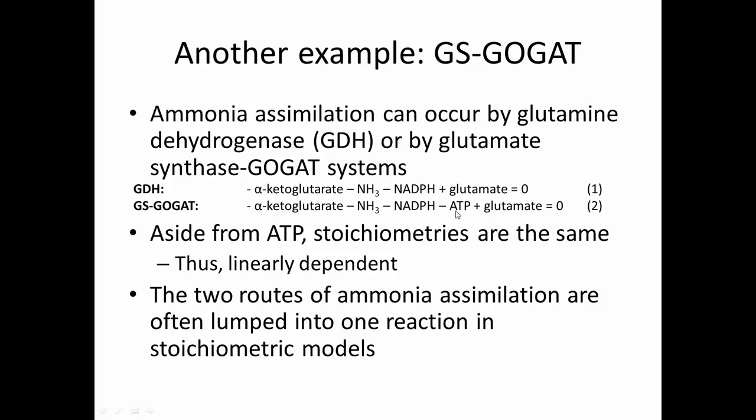And one system uses ATP, one does not. So aside from ATP, the stoichiometries are the same. Thus, they are linearly dependent. There are two routes of the ammonia assimilation to make amino acids. They are often just lumped into one reaction in stoichiometric models, as opposed to being two separate and dependent reactions, or at least in terms of the metabolic flux analysis.